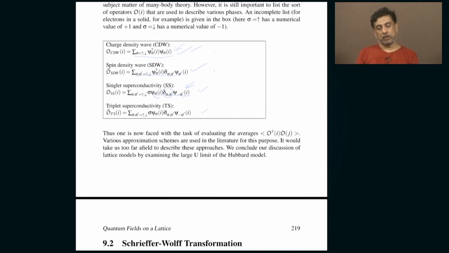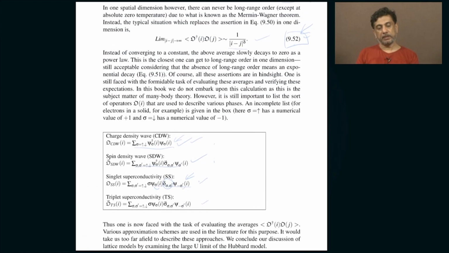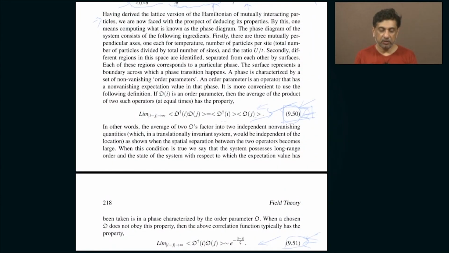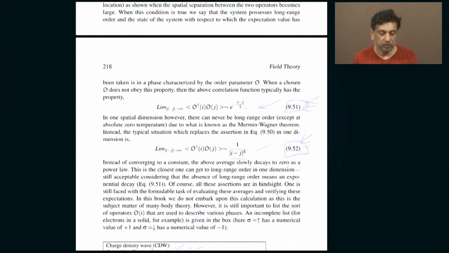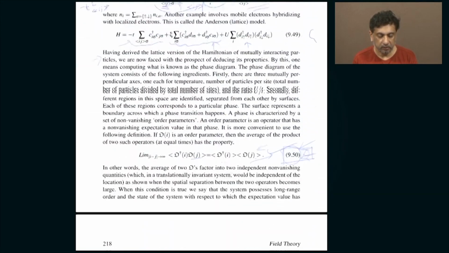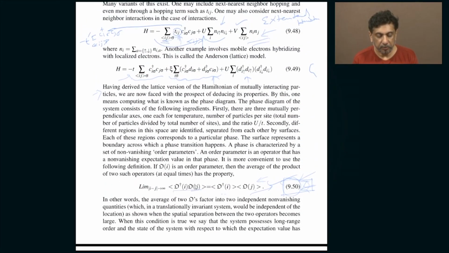Okay. So, of course, finally verifying 9.50 involves being able to calculate this average, which is of course not at all an easy task, because this is a many body problem.